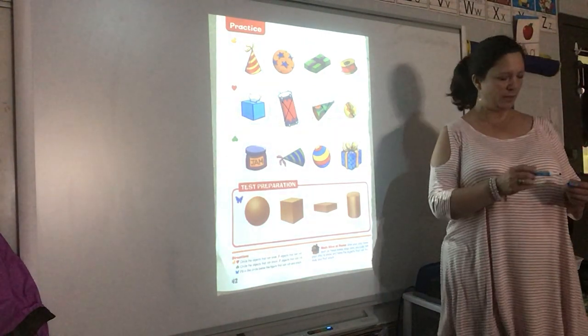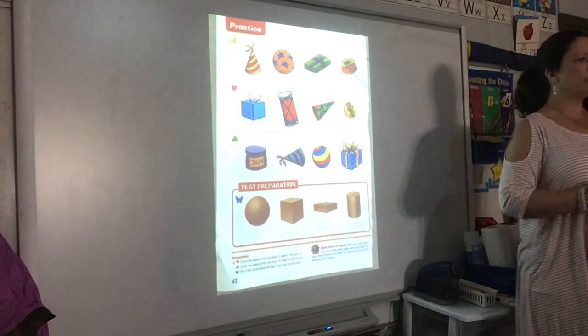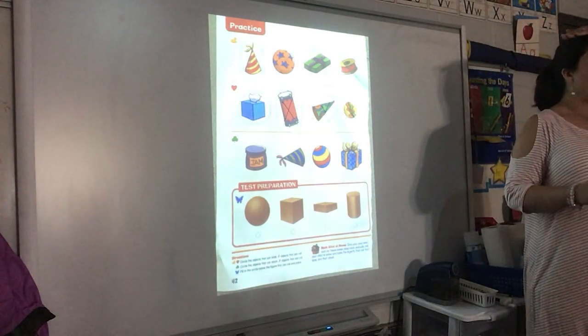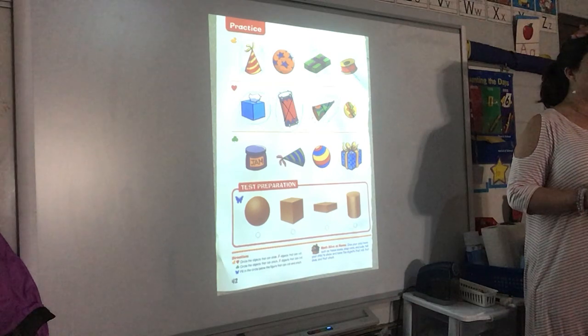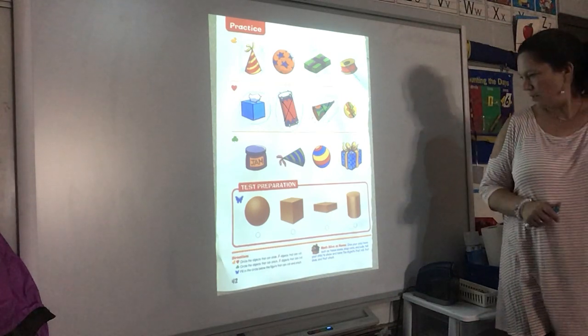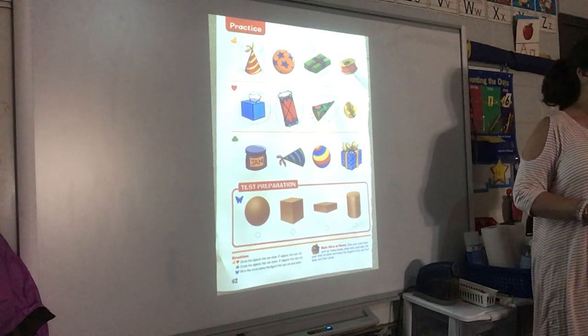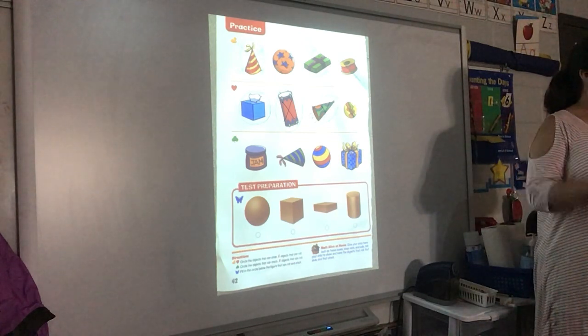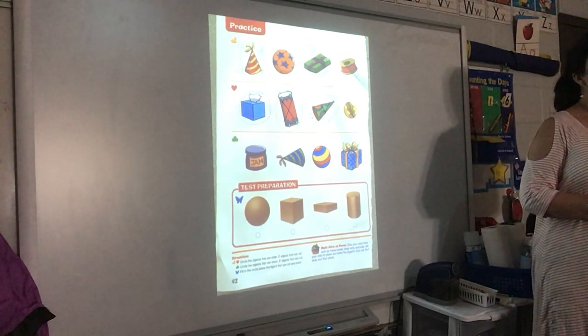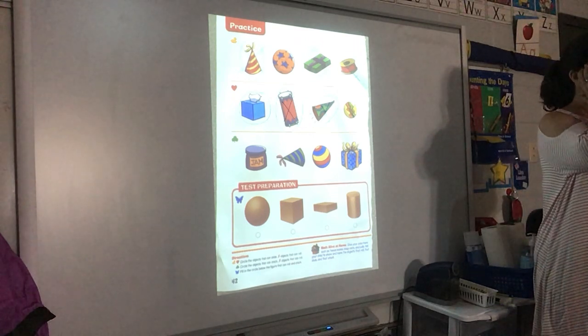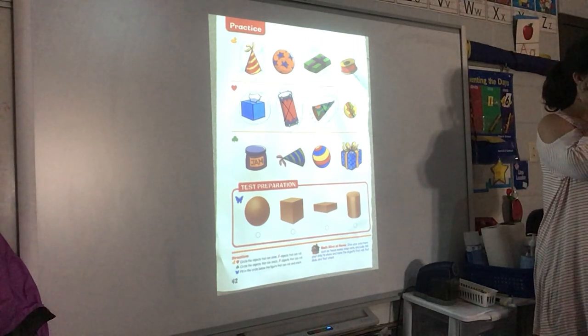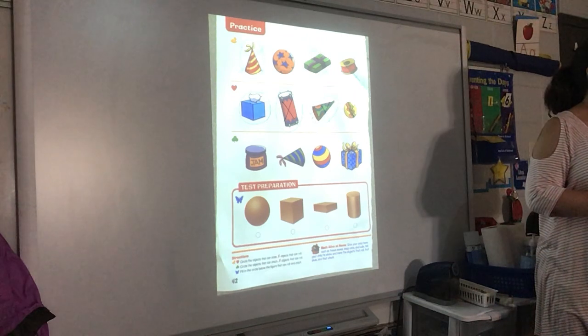All right. Touch the top of your head if you're ready for the clover. Don't talk, just touch the top of your head if you're ready for the clover. Good job. We're going to circle the ones that can stack. On the row with the clover, circle the ones that can stack. James, circle the ones that can stack on the row with the clover.